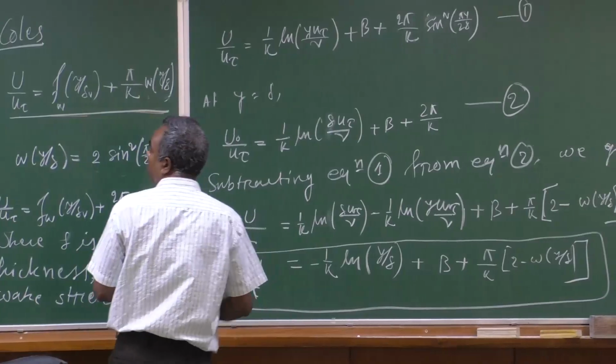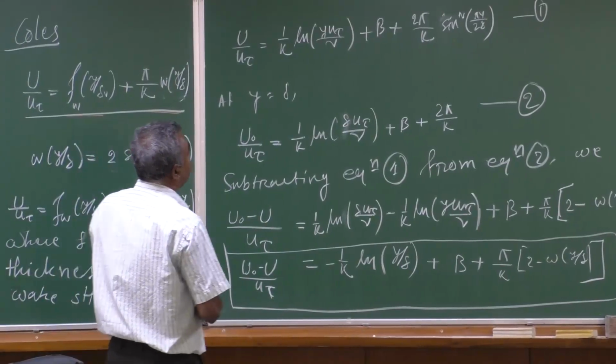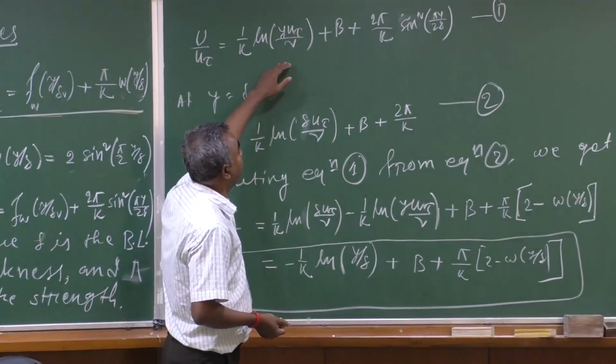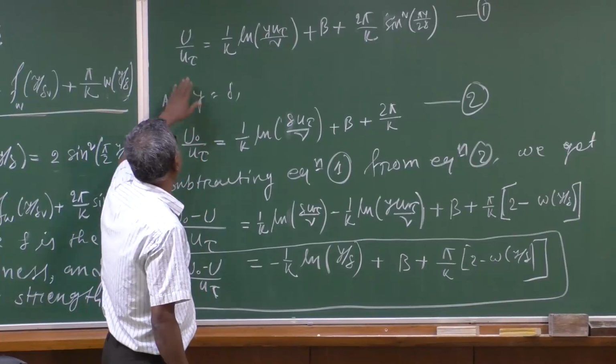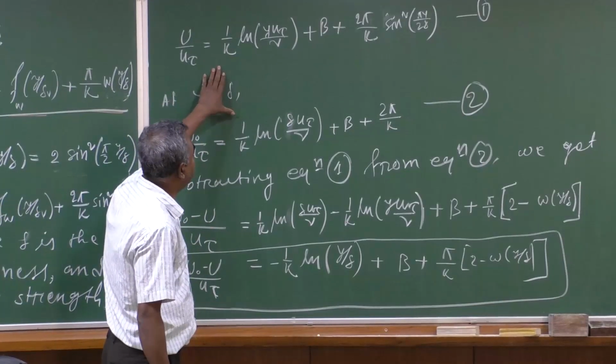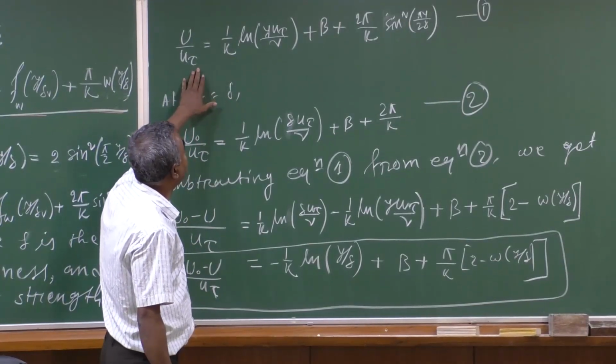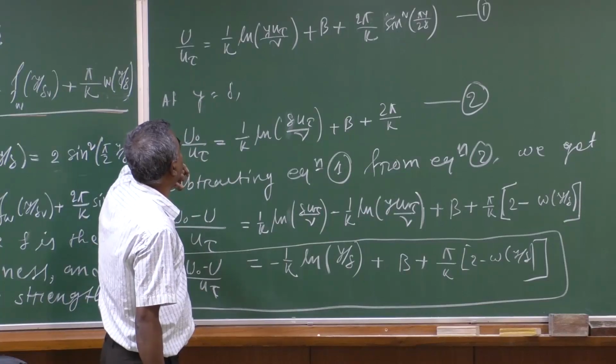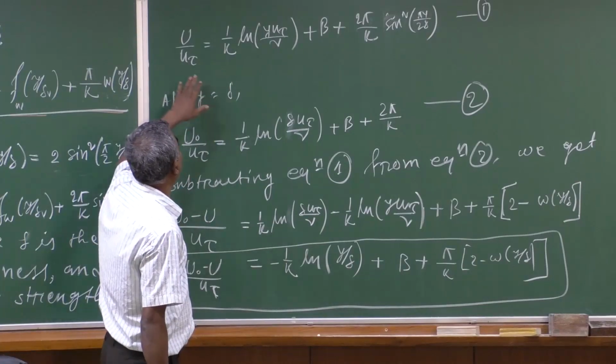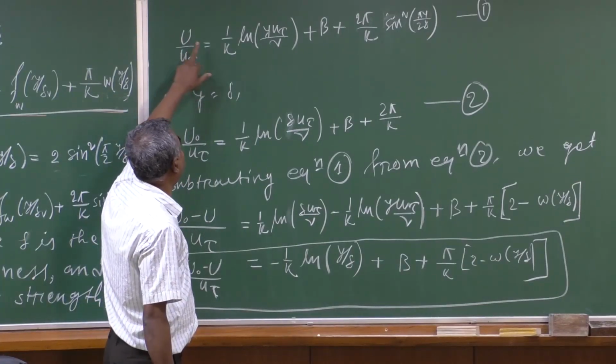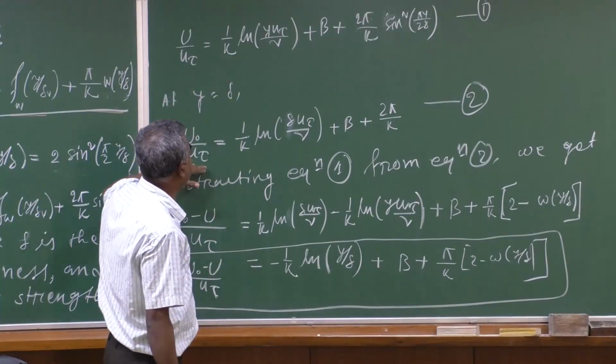Now, one more important point will come out if we consider this particular equation itself. U by u tau, if we consider, one interesting thing will come out, that is our friction law. Suppose we would like to evaluate this in the free stream, then this is what we will get.